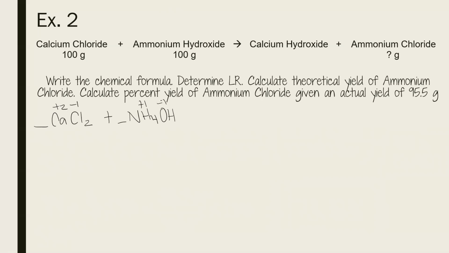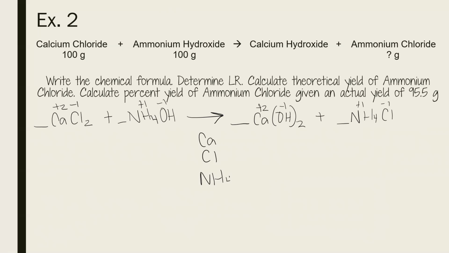If you want to put that in parentheses, you can. 2 radicals yields calcium, +2. Hydroxide's a -1. Have to crisscross it, so that 2 comes down here. Plus ammonium chloride. Okay, so if you're balancing it, you can leave your radicals whole. I would say that's the easiest, but that's up to you.